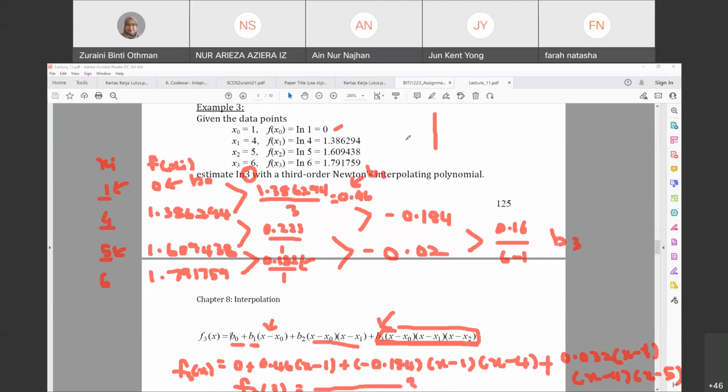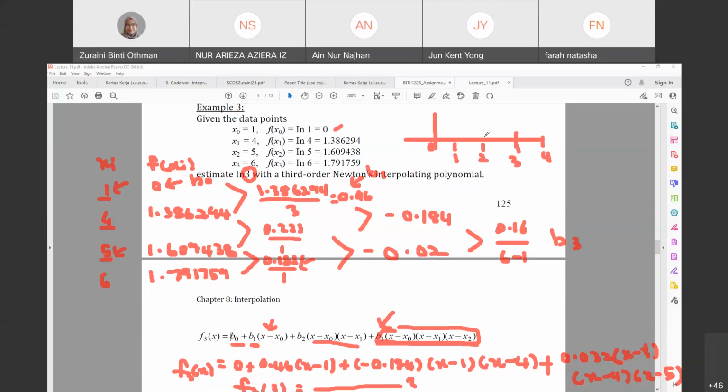Actually the real case sebenarnya, contohnya kita nak tahu taburan hujan. Kalau taburan hujan tu pada masa 0, masa 1, masa 2, masa 3, this is 1, 2, 3 dan 4.